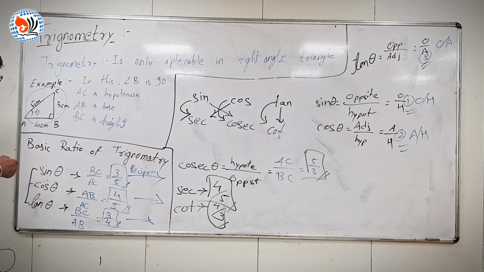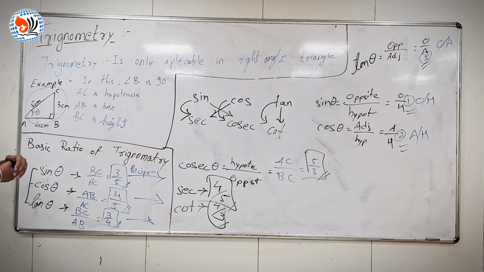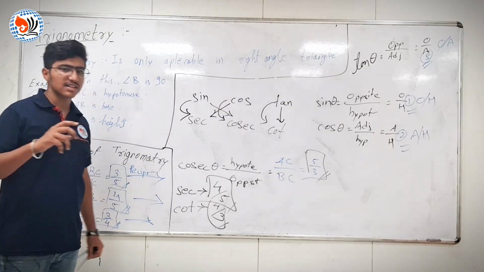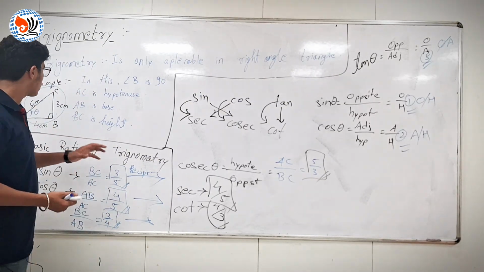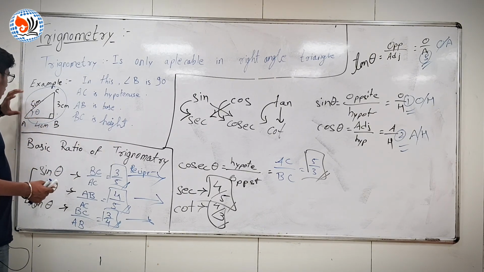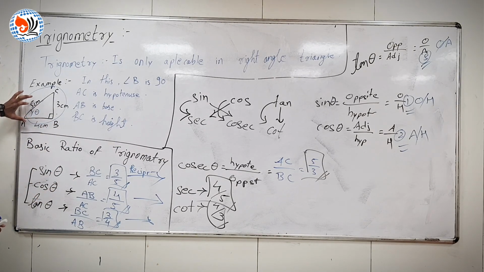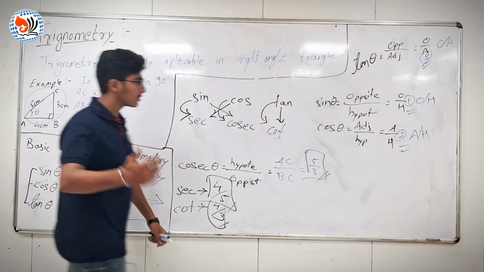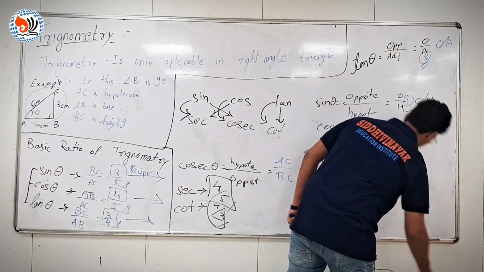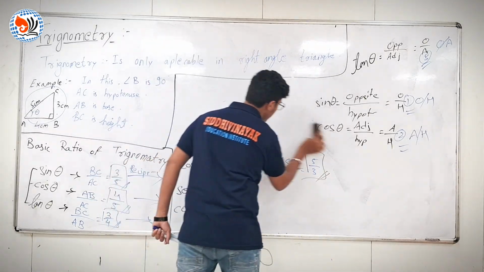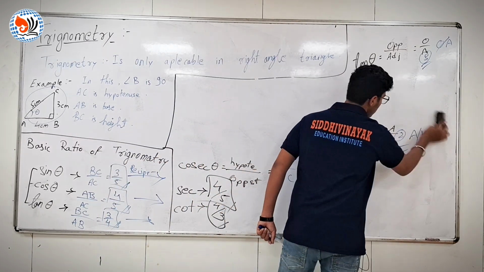The basic fundamental use of trigonometry is to calculate the other sides without information on all three individual sides. I would like to explain with a question. First of all, the question will be similar to this.